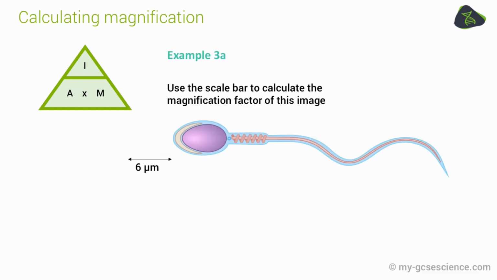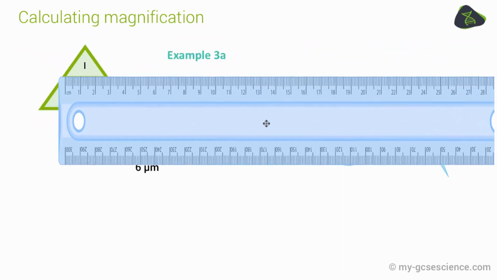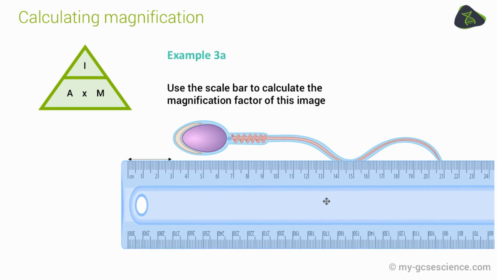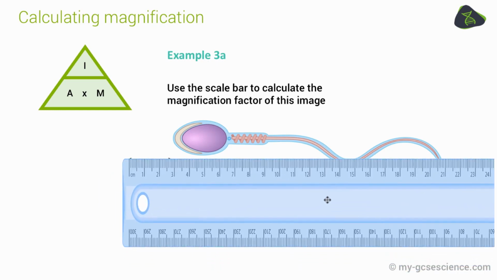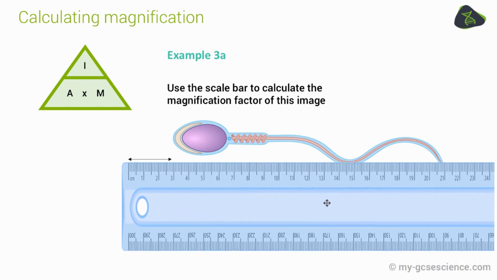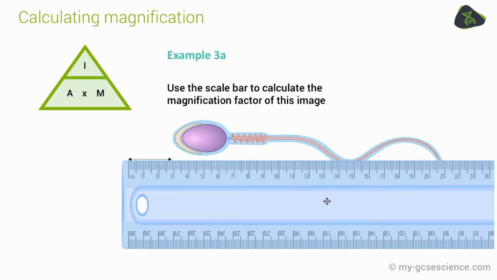In this example, you need to use this scale bar to calculate the magnification factor of this image. So cue our ruler again. This time you want to line your ruler up with your scale bar. So we have got, and it's in micrometers, 28 millimeters.